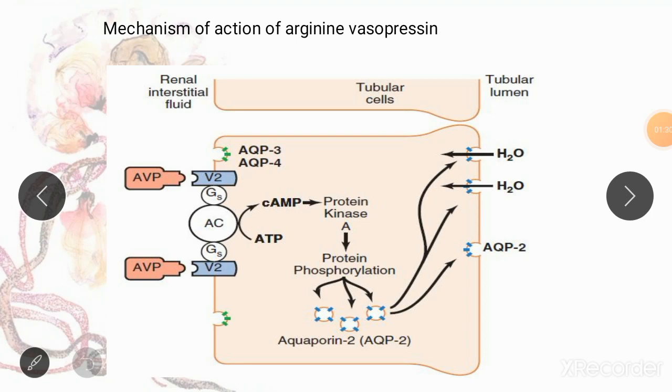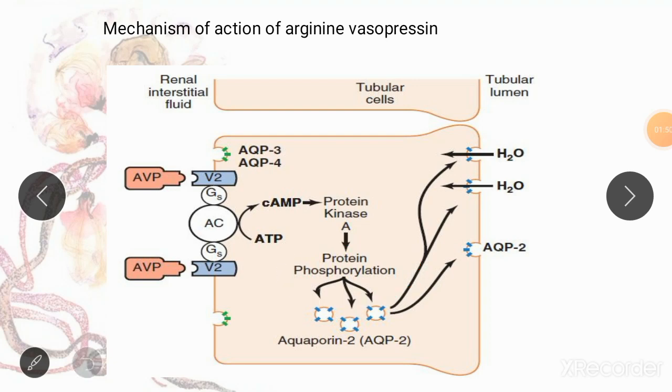When ADH attaches to its receptors, there is stimulation of G coupled protein, and this G coupled protein converts ATP into cyclic AMP, which activates many protein kinases within the cell, and phosphorylation of multiple proteins takes place.